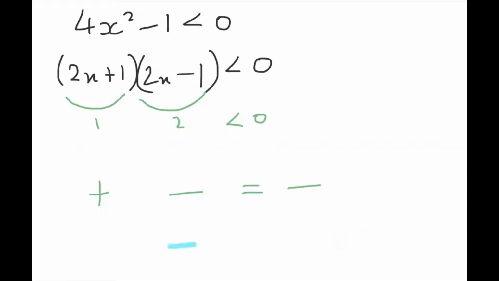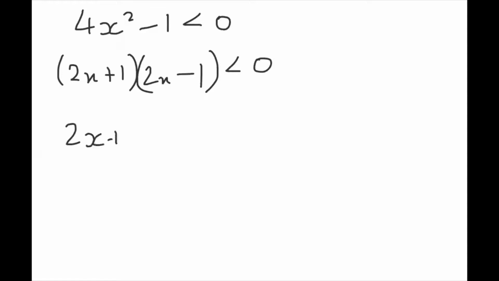So let me just wipe this out. So again, what I would do, I would say the 2x plus 1, make that positive. So what does it mean? It means 2x plus 1 must be bigger than 0. Because if something is bigger than 0, then it is positive. But at the same time, if that is positive, then I want the other one to be negative.